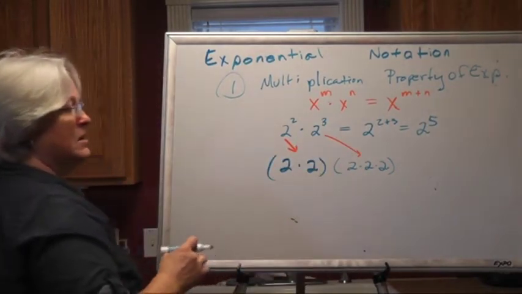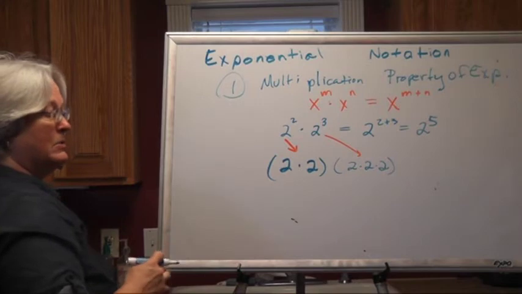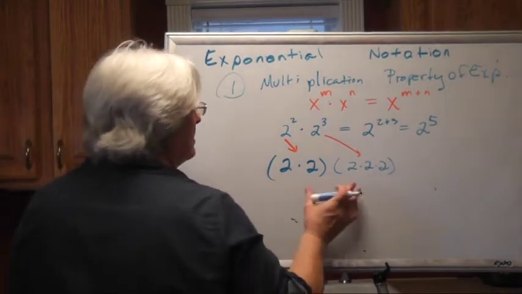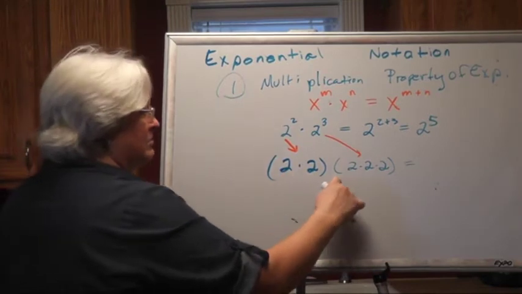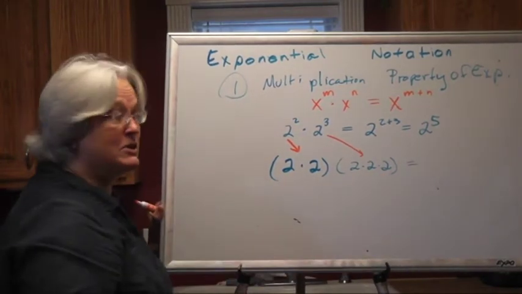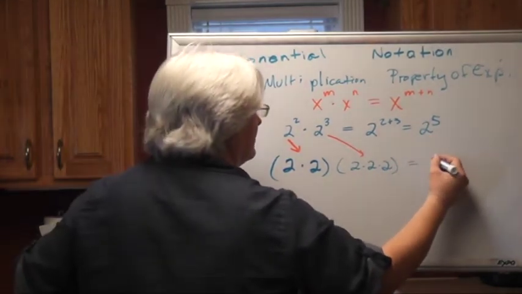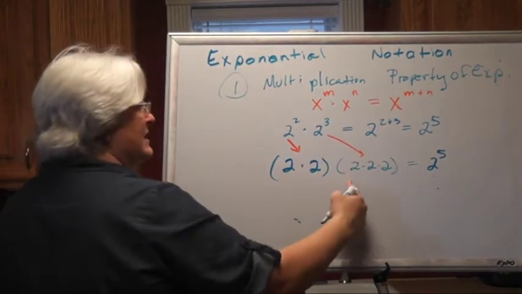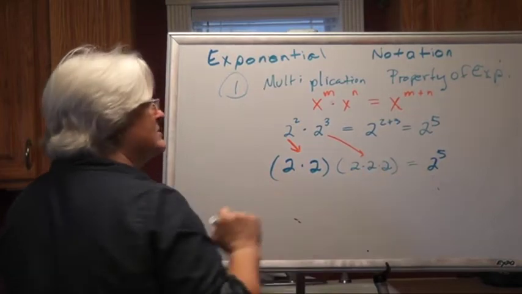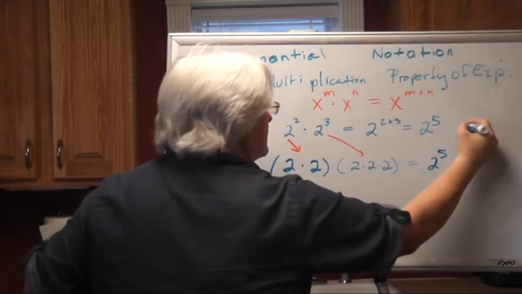So what has our problem here become? It has become 2, 1, 2, 3, 4, 5, used as a factor 5 times. 2 times 2 is 4, times 2 is 8, times 2 is 16, times 2 is 32.